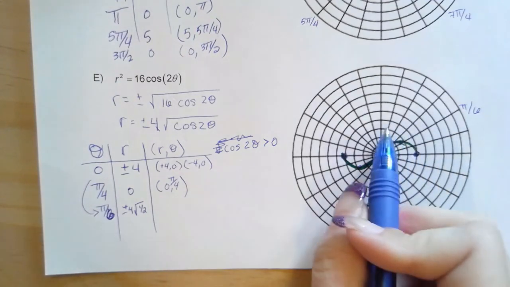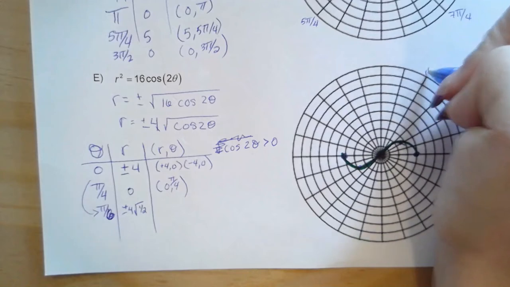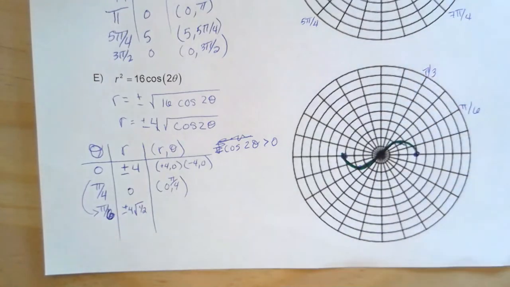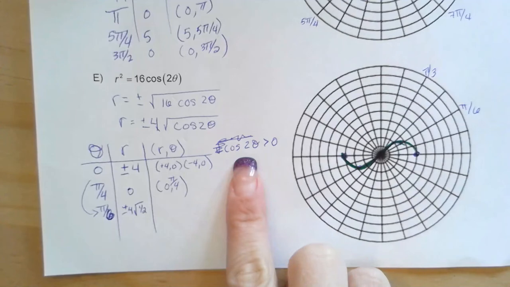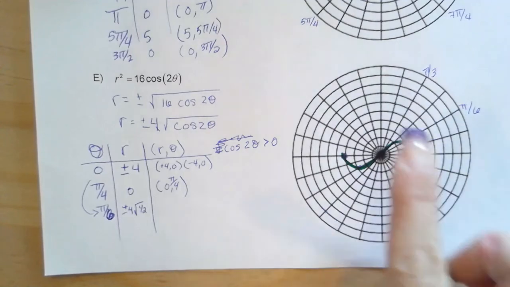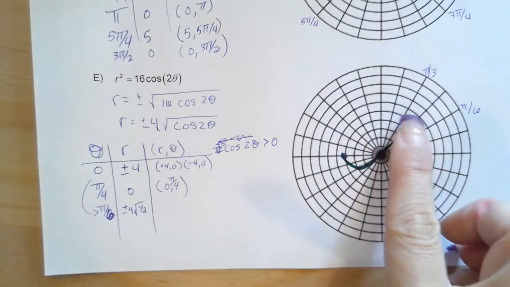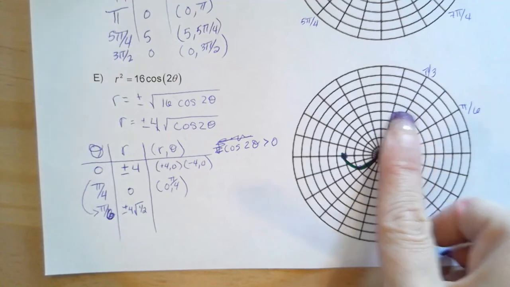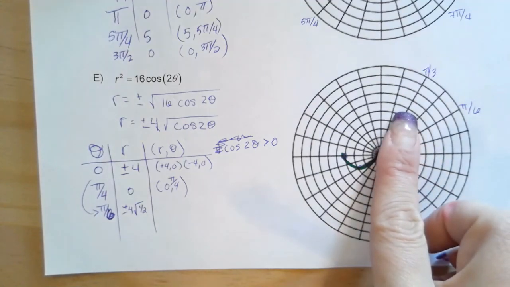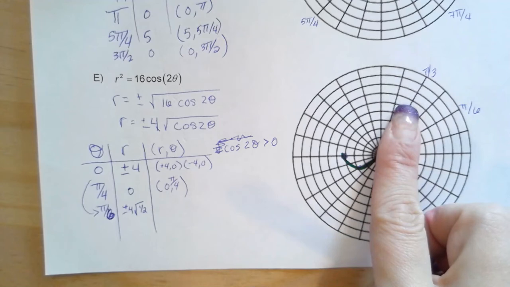If we did pi over 3, which is right here, we found that when we put pi over 3 into the cosine 2 theta, we get a -1/2. And that can never be negative. So that means pi over 3 doesn't exist. It's undefined. We're not going to write anything.